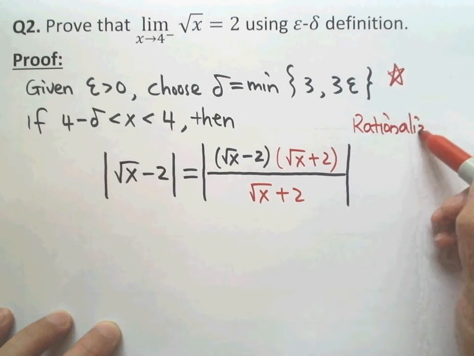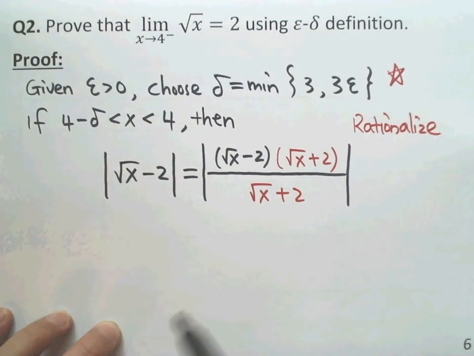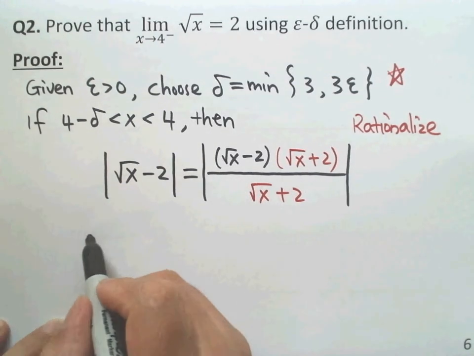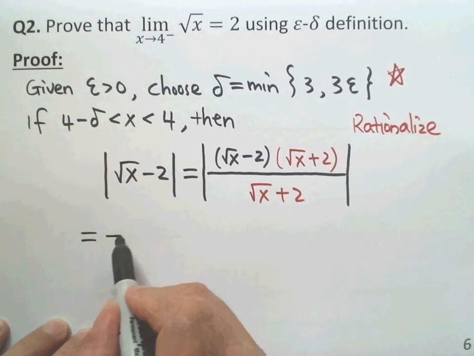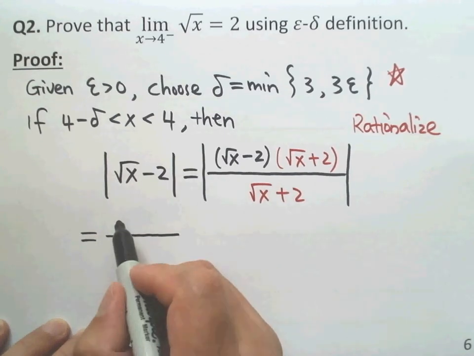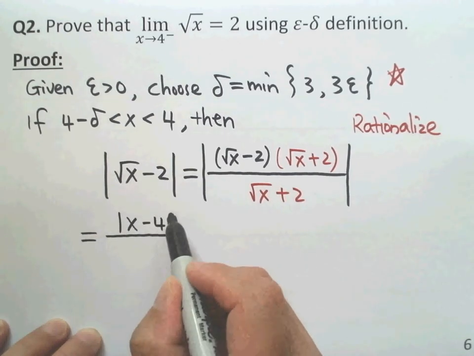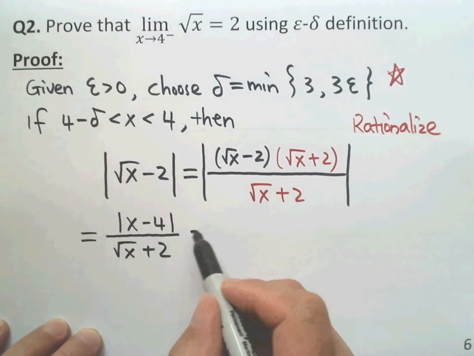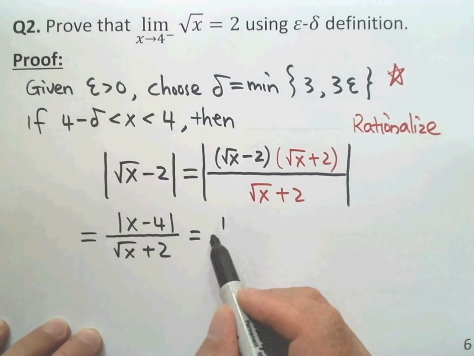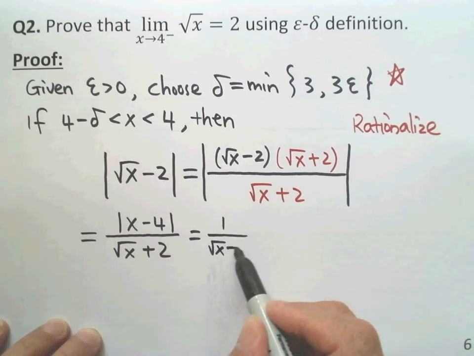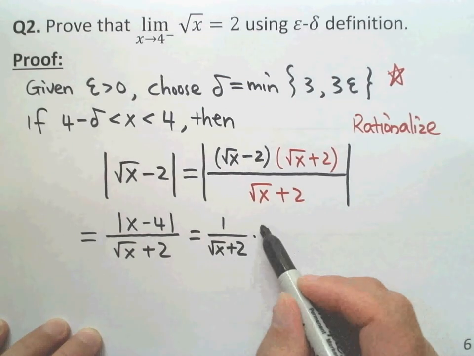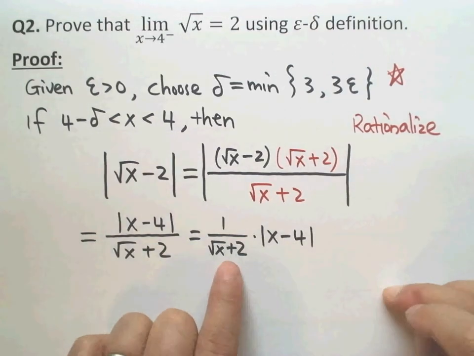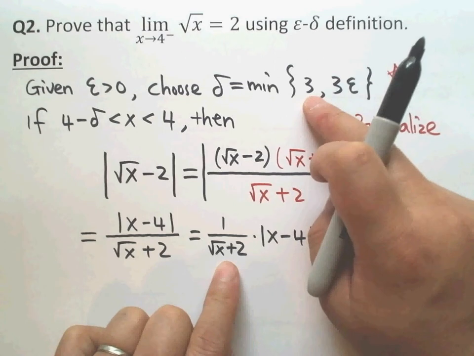You know, we call this rationalization. After this is the difference of squares, and then we simplify. The top is x minus 4, and the bottom is still copied. Then we make it into two parts: the first part is 1 over square root of x plus 2, times the second part, x minus 4.